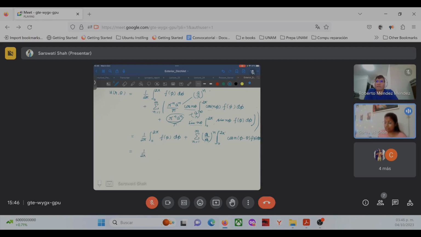Now just take this integration outside of all the terms. Pi is also here, 1 over pi. My calculation is very bad sometimes. I can make a mistake. You are here to correct it. So just take the integration 0 to 2 pi f of phi plus summation n varying from 1, again f of phi is common in all of these, is not it?